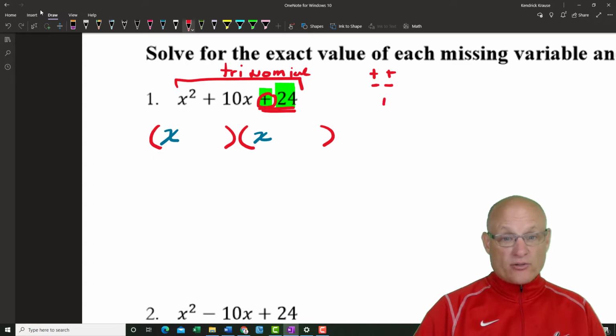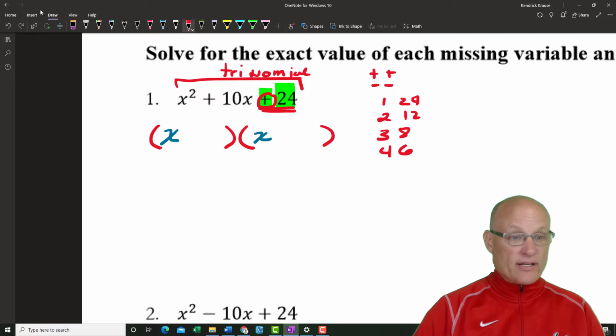So I can do 1 and 24. I can do 2 and 12. Those don't add up. 3 and 8. Or 4 and 6. I need the pair that's going to add up to 10. So plus 4 and plus 6.